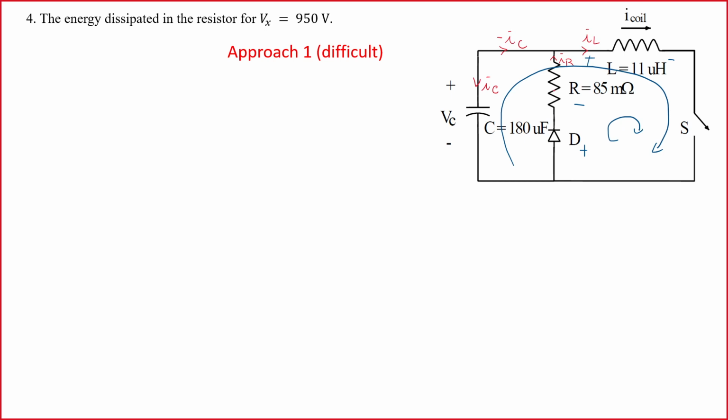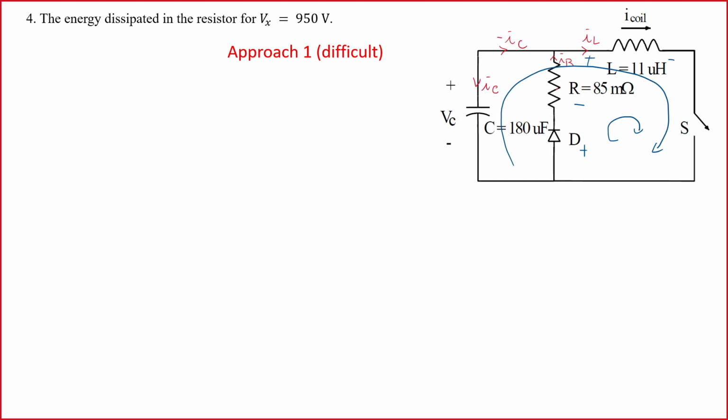How about Sayla? Do you have any idea how to calculate energy dissipated in the resistor? Sure, we have to know the current, the voltage, and the time passing through the resistance of 85 milliohm. Okay, can you give the formulation to calculate the energy dissipated here?